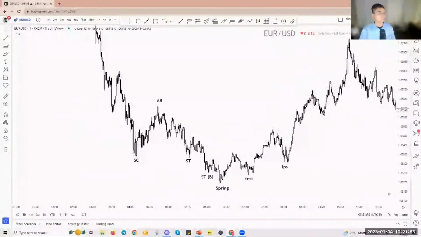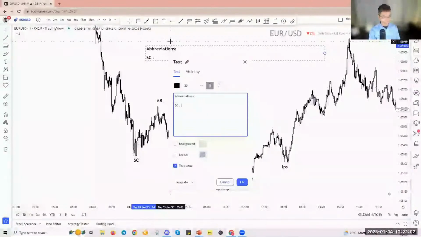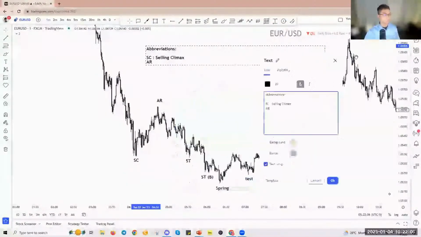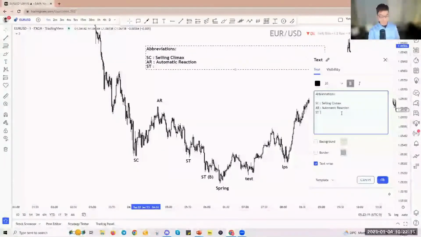Let me write down what all this means. Abbreviations. SC means selling climax. Please write it down while you're watching. AR means automatic reaction. ST means secondary test.